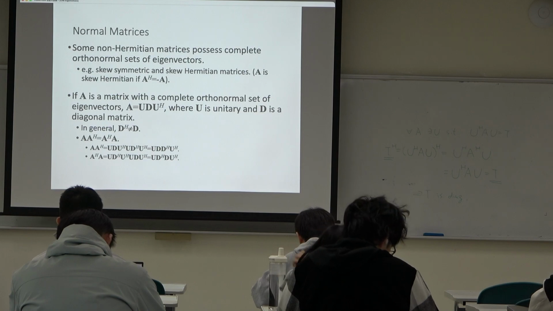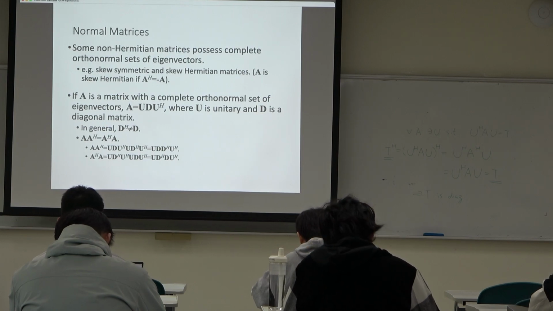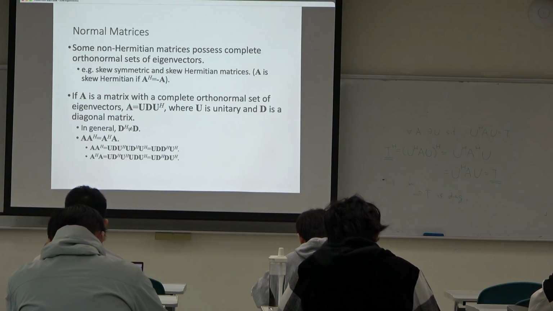If the diagonal elements are real, then D^H equals D. But if the diagonal elements contain some imaginary values, then D^H is obviously no longer D. And we also have AA^H equal to A^HA.